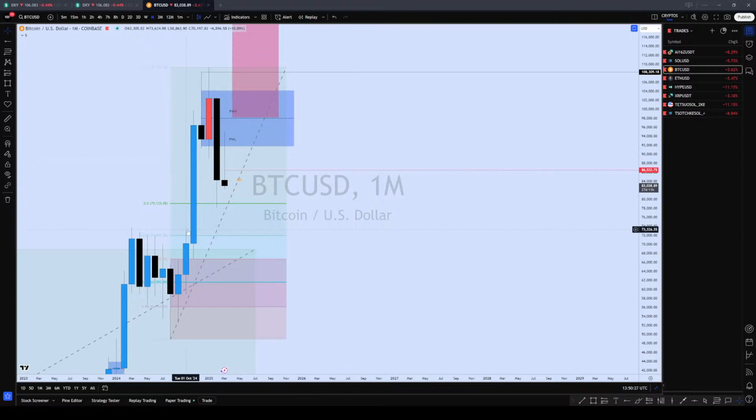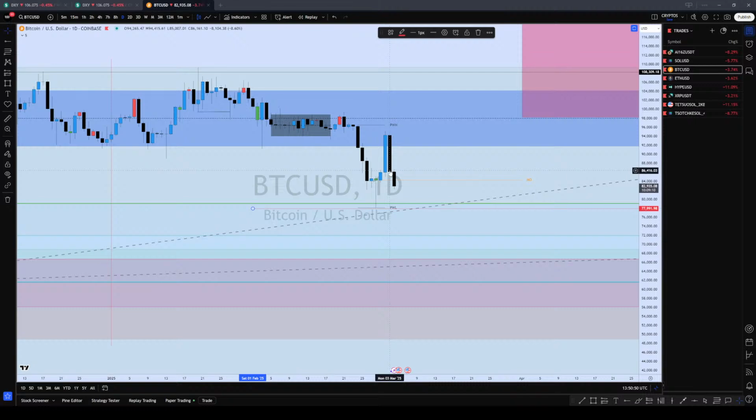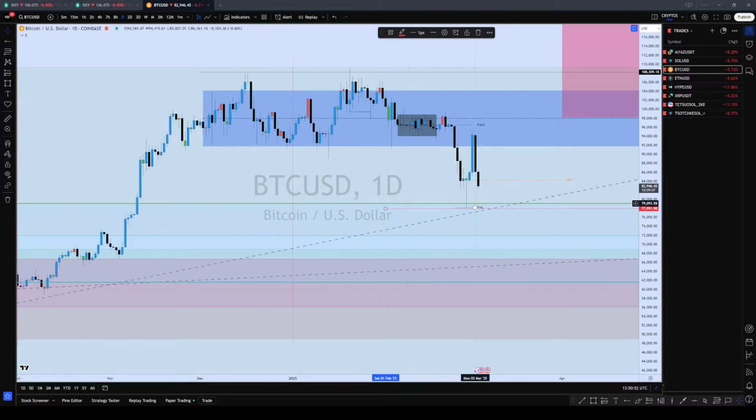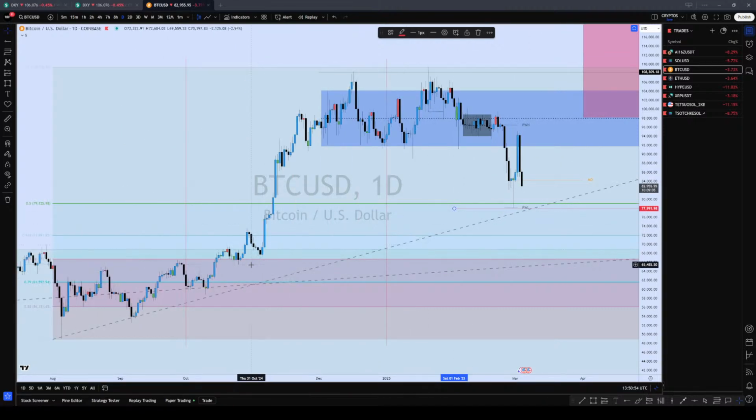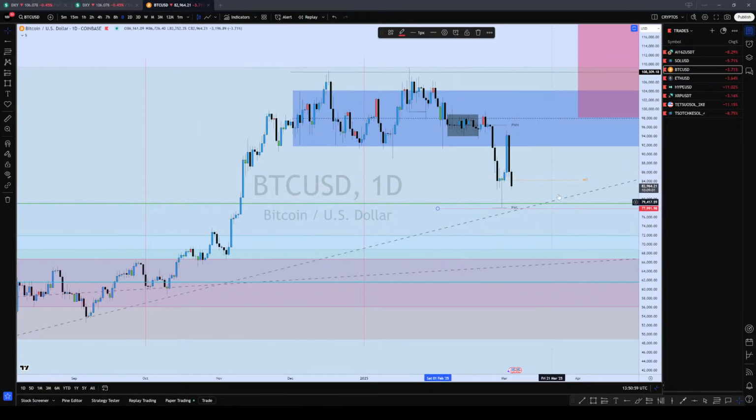Right, we might come back down to attack this low here, and then somewhere in here, this 71991, that area, that's where maybe buyers might come back in again. With yesterday's close, it's going to struggle to go up. So watch this area here. That's where we're going to go next.